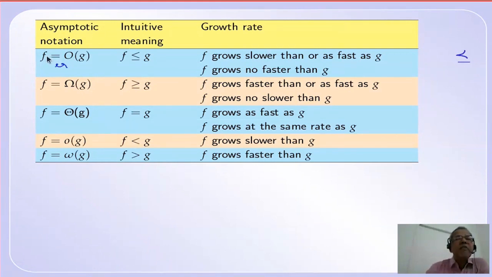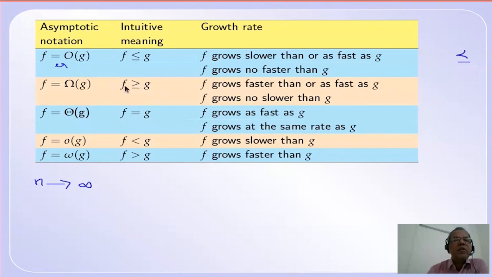This means f grows slower than g, or f grows as fast as g. Of course, this growing slowly or faster or as fast as, we are interested only in asymptotic terms. F is equal to big omega of g is informally f is larger than or equal to g.